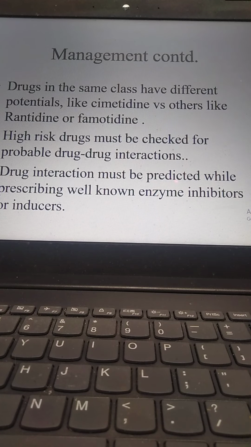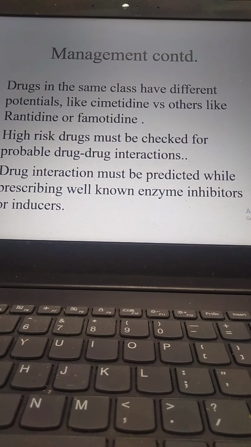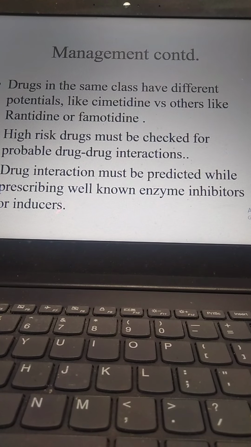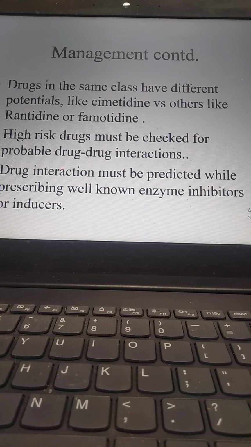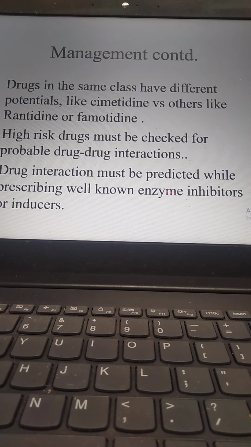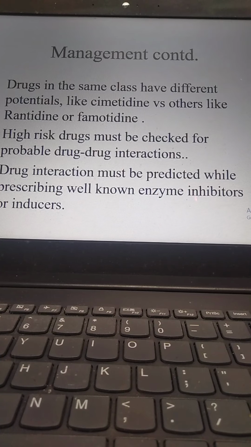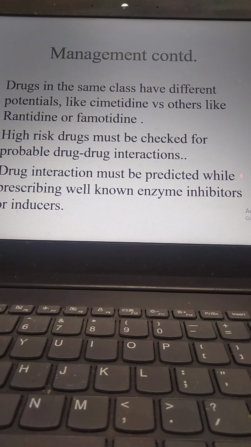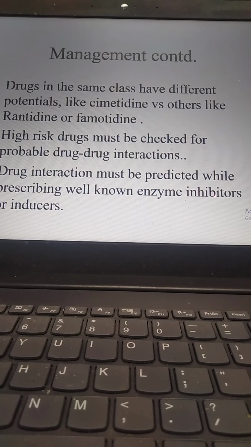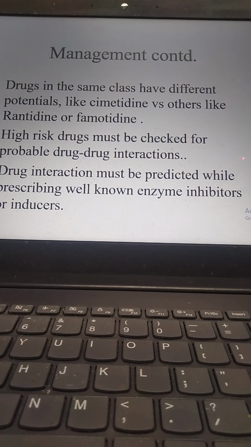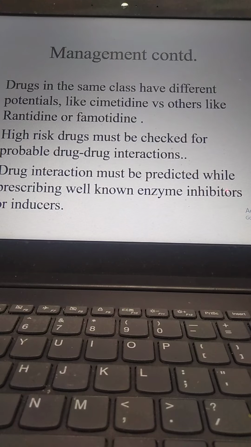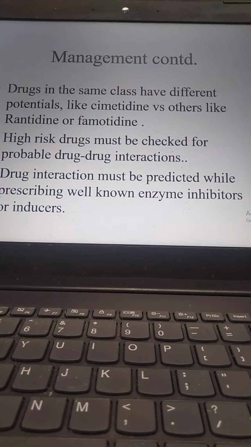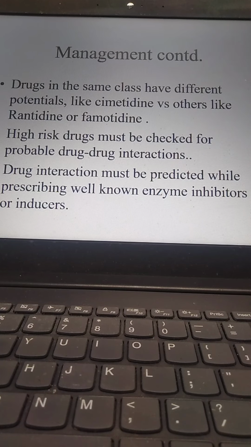Drug interaction must be predicted while prescribing well-known enzyme inhibitors and inducers. So first of all, the doctor should know if it is an inhibitor, we have to decrease the dose of the other drug whose concentration is inhibited. So is the inducer. So we have to have the knowledge of drug inducers and inhibitors.